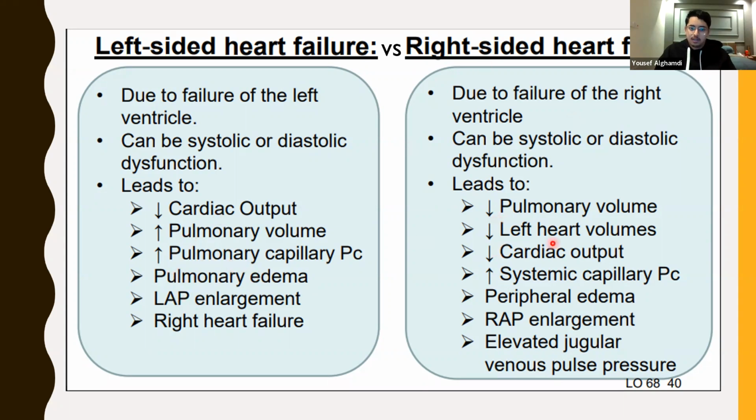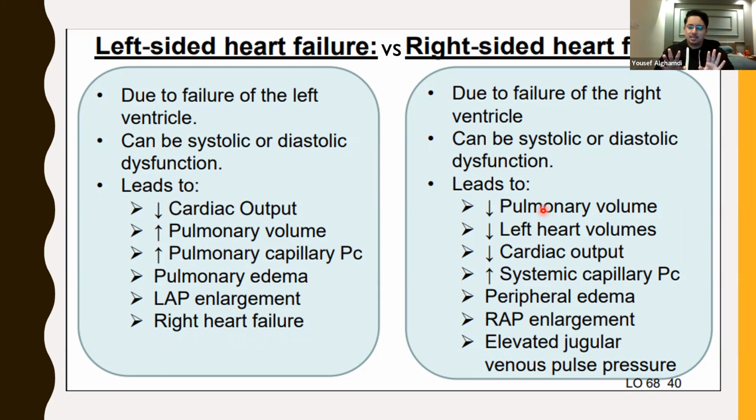In the right side, you will have decreased left heart volumes. If your right heart isn't pushing blood to the lungs, and the lungs are where the blood comes from to the left heart, then if the place where the left heart gets its blood doesn't get blood, you will have decreased left heart volumes.